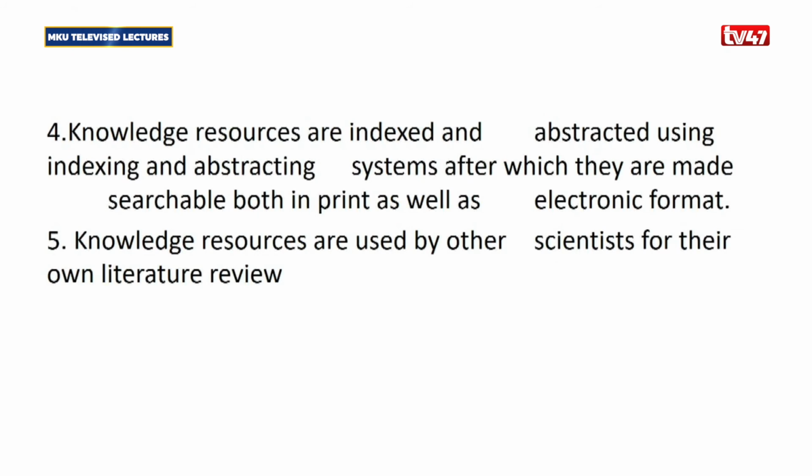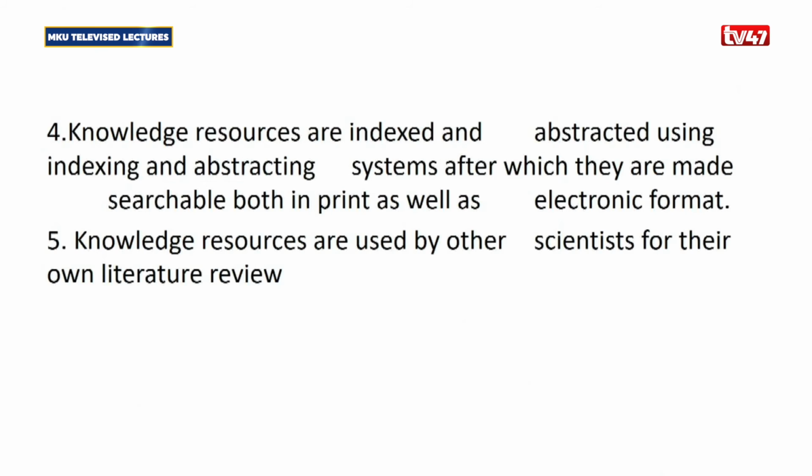Fourthly, knowledge resources are indexed and abstracted using indexing and abstracting systems, after which they are made searchable both in print as well as electronic format. Then fifthly, knowledge resources are used by other scientists for their own literature review. You can see now it's a cycle.